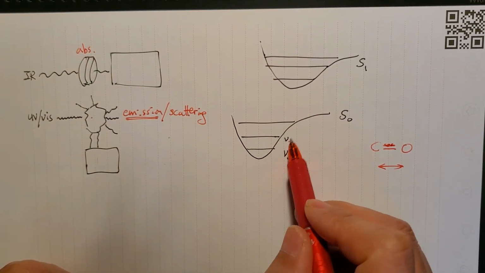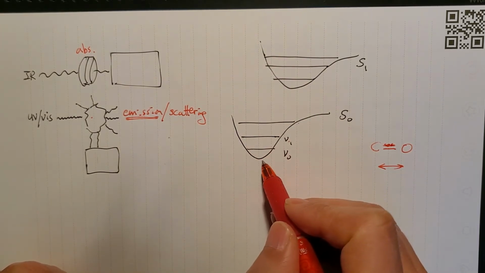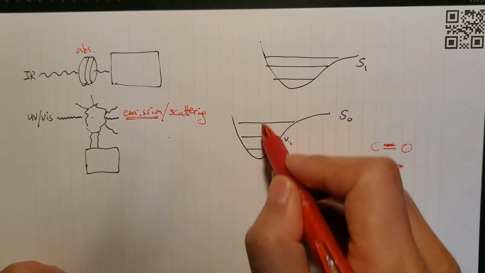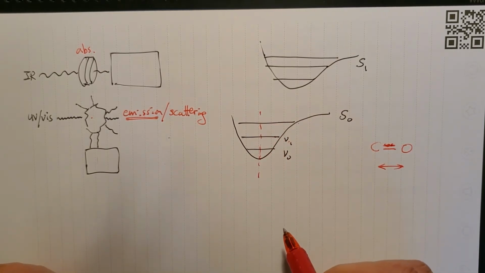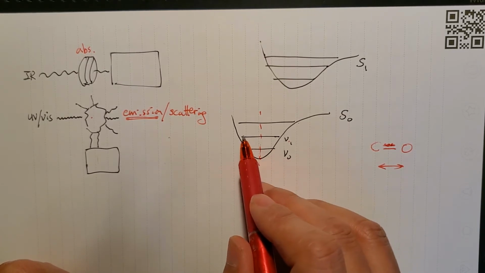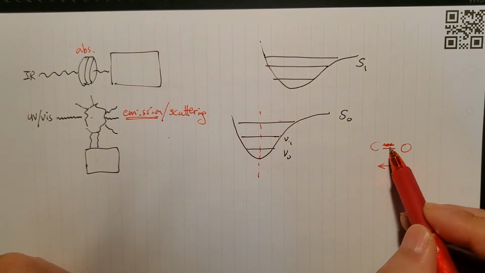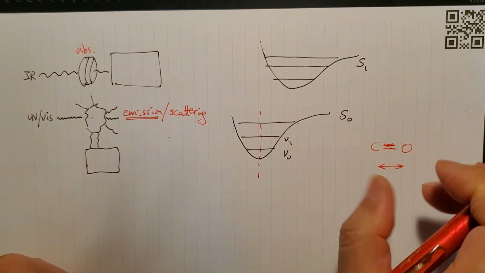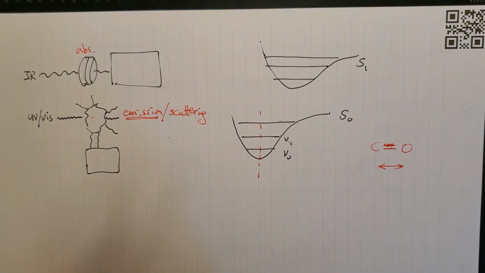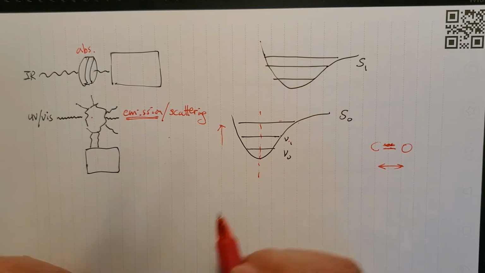So depending on the vibronic mode, the actual potential energy of the electron in the sigma bond changes, although the average distance of the bonding stays the same whether you are at vibration 0 state or more vigorous vibration, first and second state, doesn't matter, right? Average bonding distance is the same, but the variation becomes bigger. But as that happens, the potential energy is going up for the electron according to the vibration.